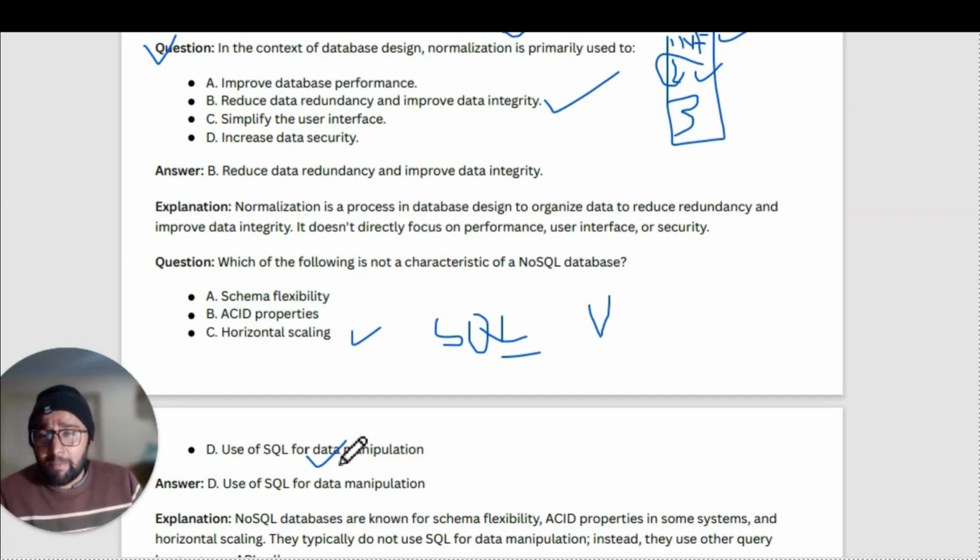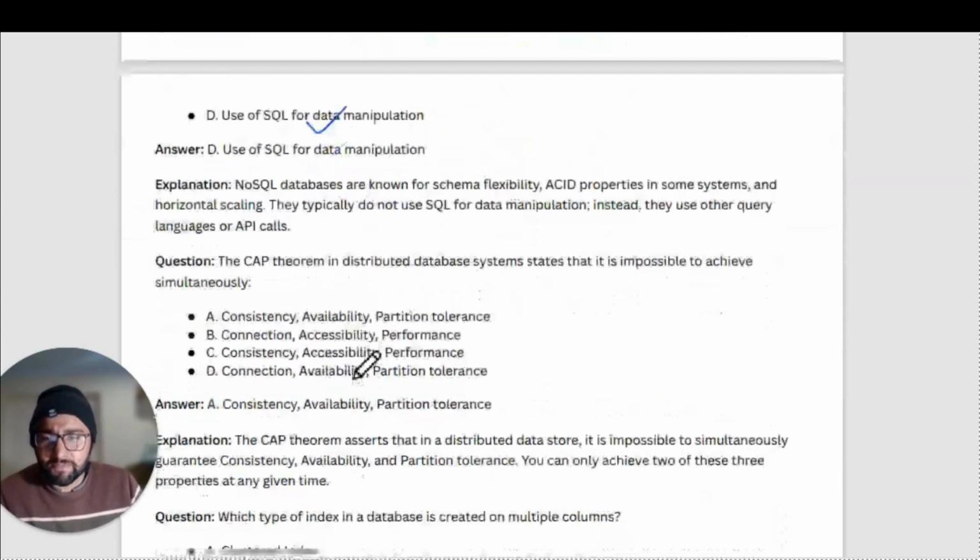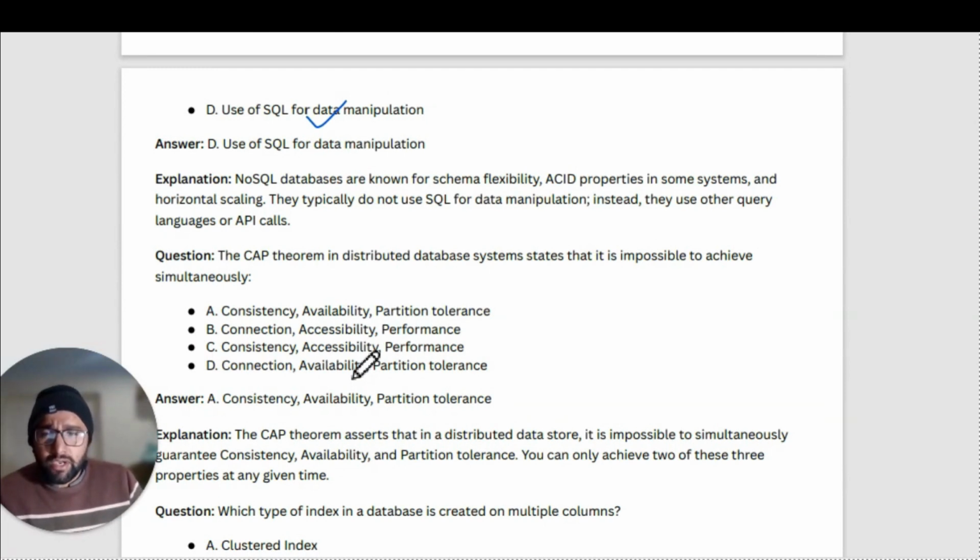For example MongoDB, which is a prime example of a NoSQL database. In the next question, the CAP theorem in distributed database systems states that it is impossible to achieve simultaneously consistency, availability and partition tolerance.